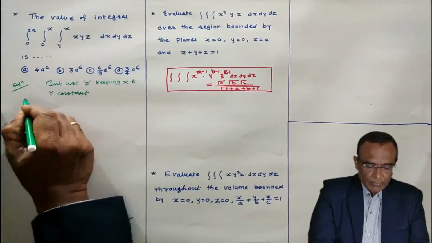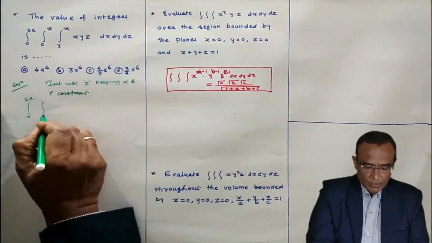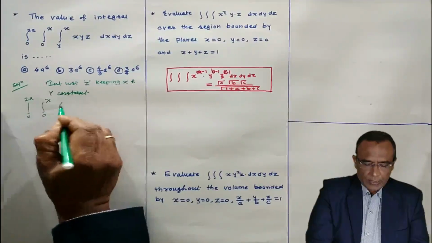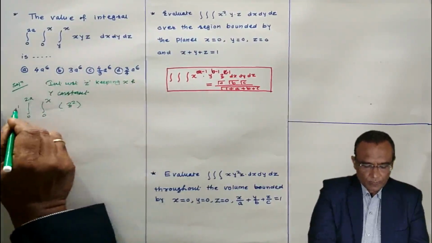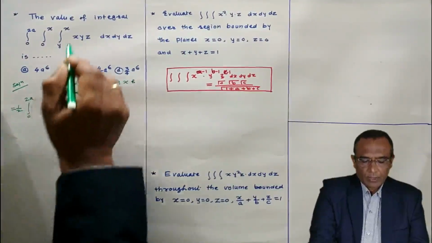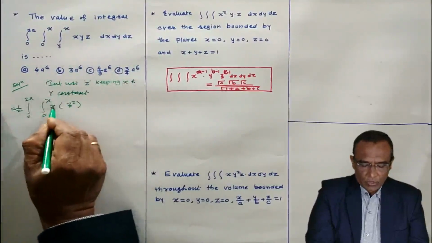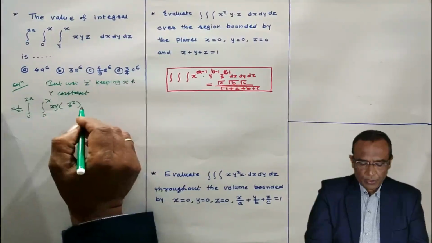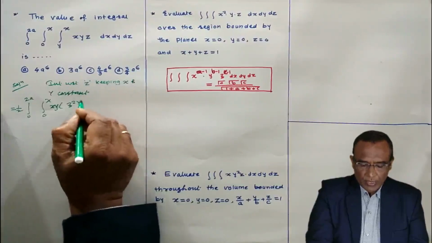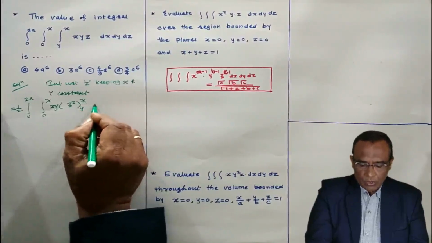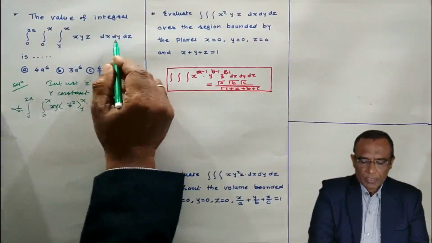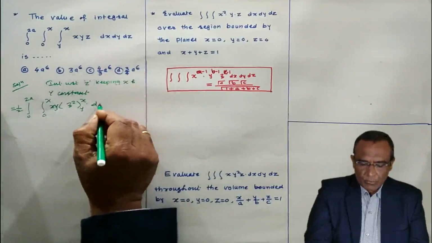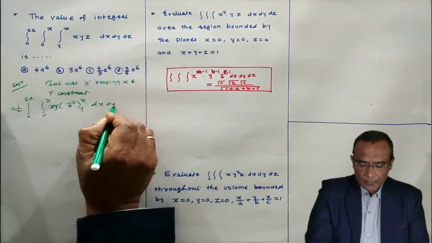Now, I am integrating with respect to z. Integral of z with respect to z is z square by 2. xy are a multiplicative constant, keeping as it is. We have integrated with respect to z. Therefore, dx and dy will remain.